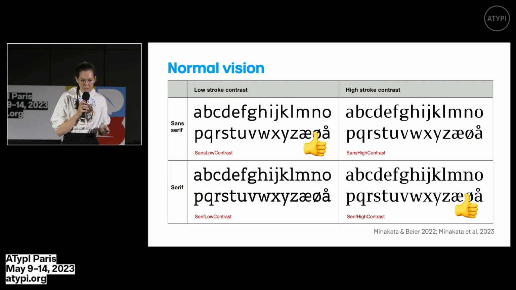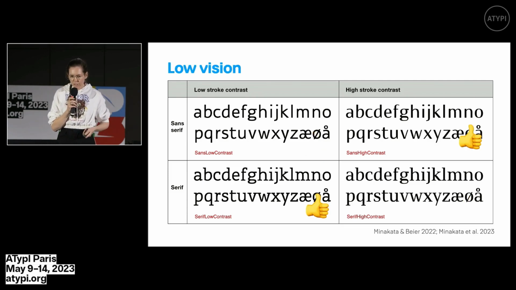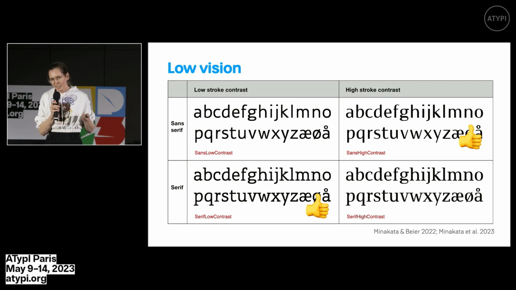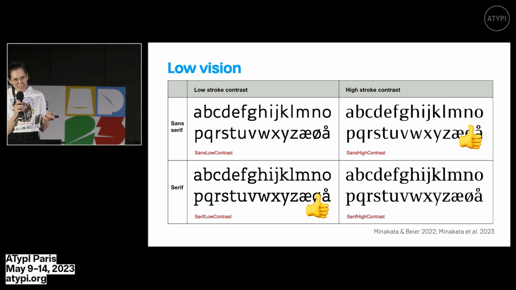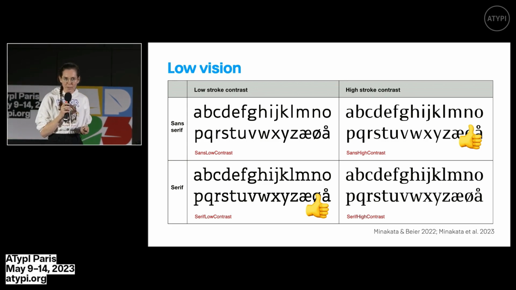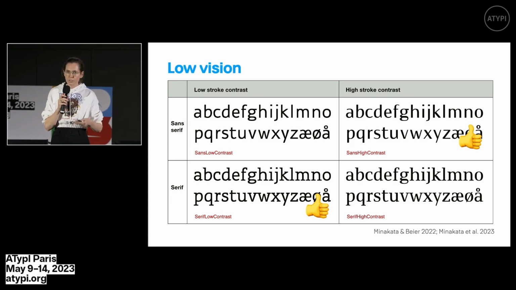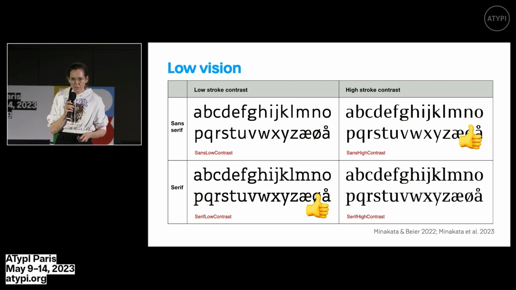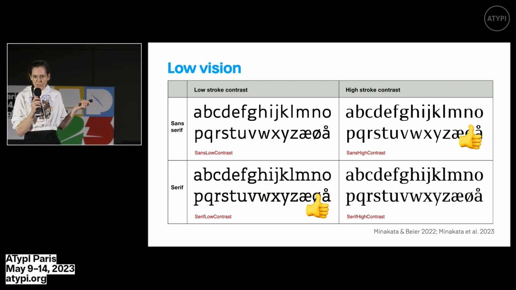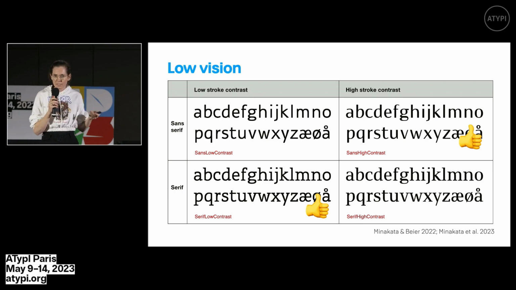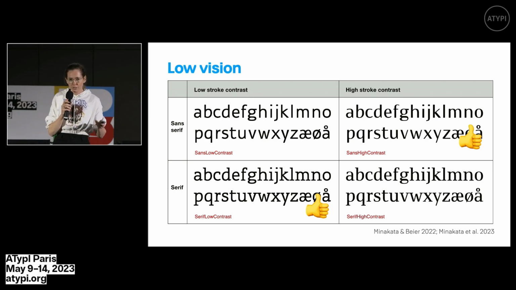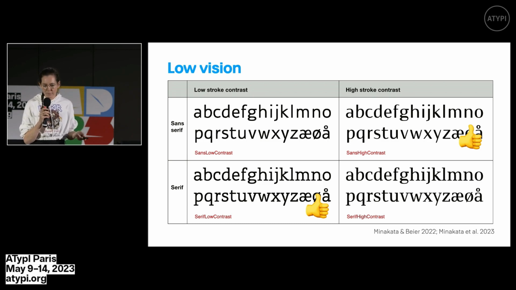So normal vision, low vision. So this is kind of a problem, I think, especially in the way where we think about universal design, inclusive design, that when we design for the smaller groups, it also benefits the larger groups. But that's not true in this case. We can't design for both low vision people and normal vision people at the same time.